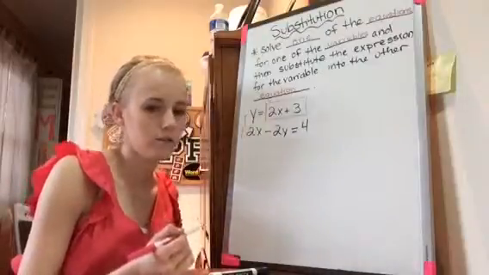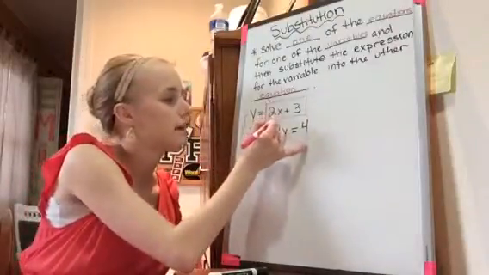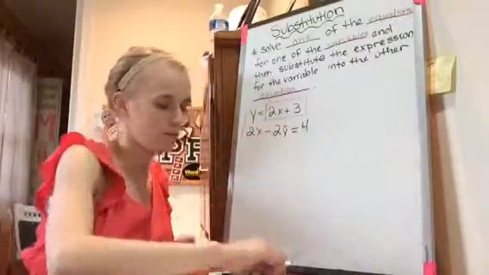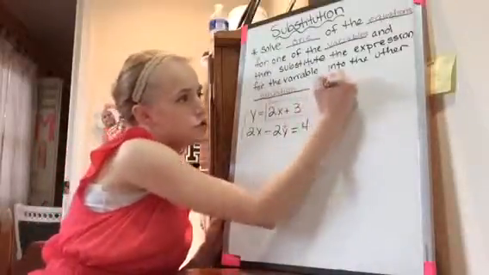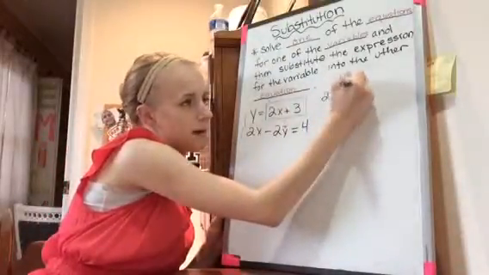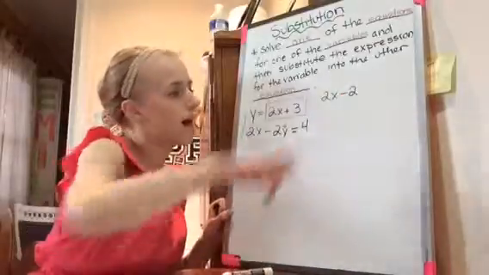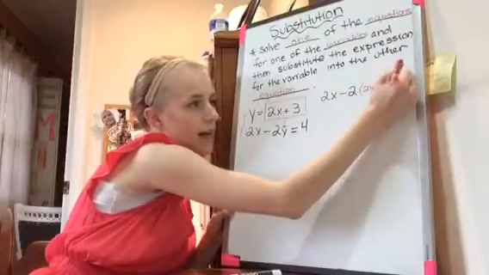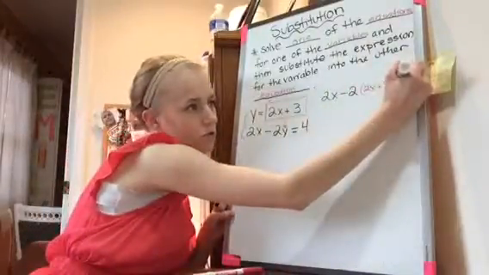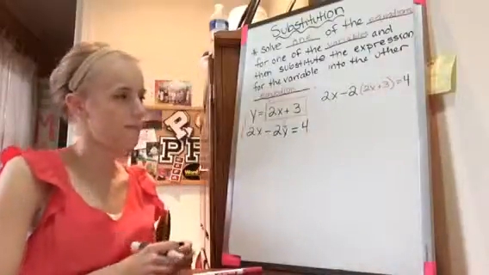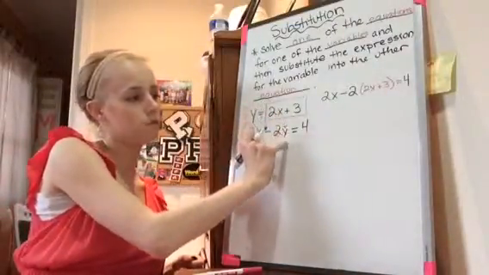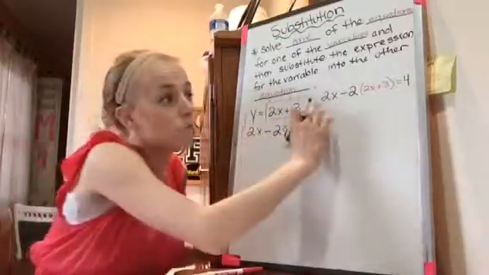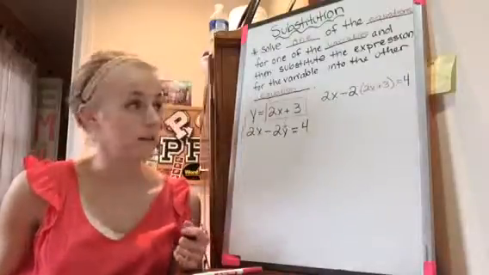So what I can do is I can actually substitute this in for y, which I'm going to do over here. So I'm going to take the 2x minus 2 times 2x plus 3, and that I'm going to set equal to 4. All right? All I did was I dropped this in for where y was, because y equals 2x plus 3. Now I'm working with only one variable, which makes it way easier.